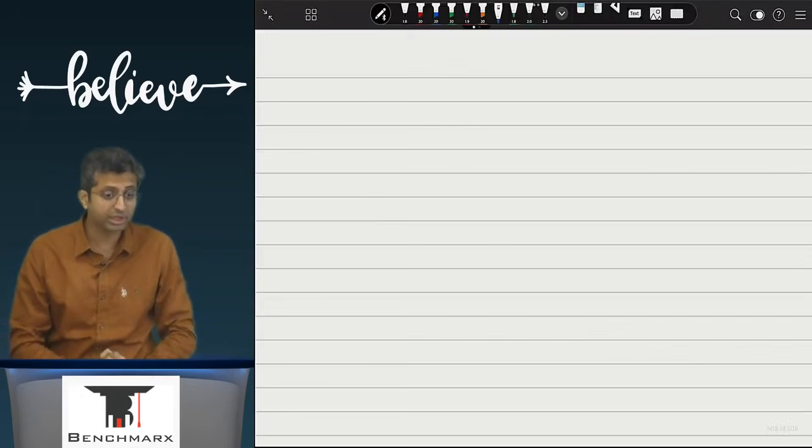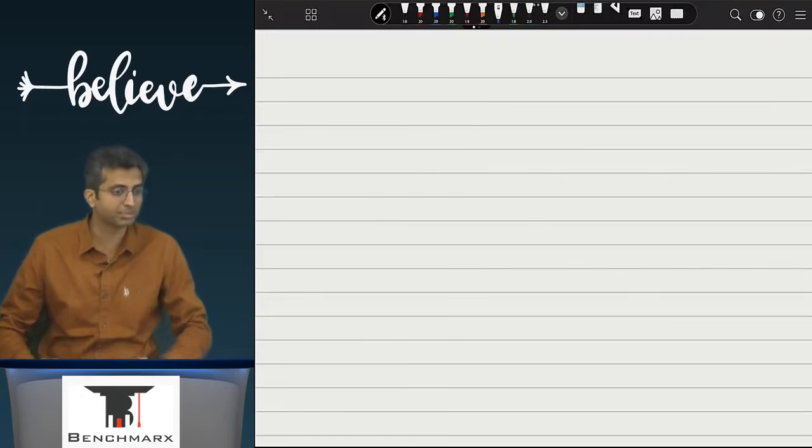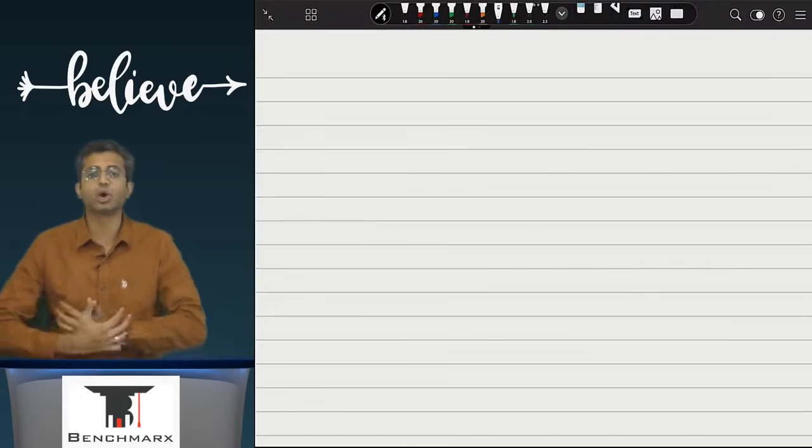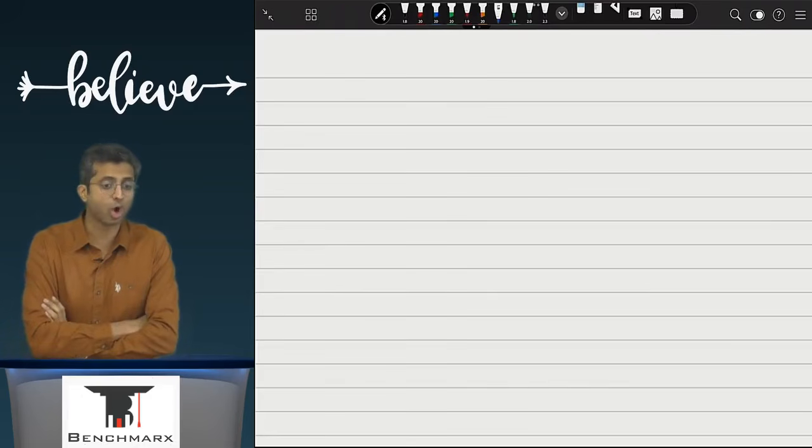So when we are looking at real options, what does real options mean? It means options on a capital budgeting project, not necessarily options on a financial instrument like call, put, etc. These are financial options.